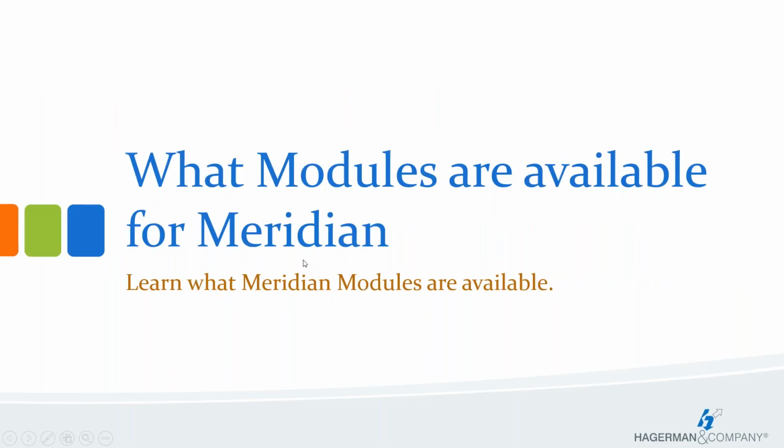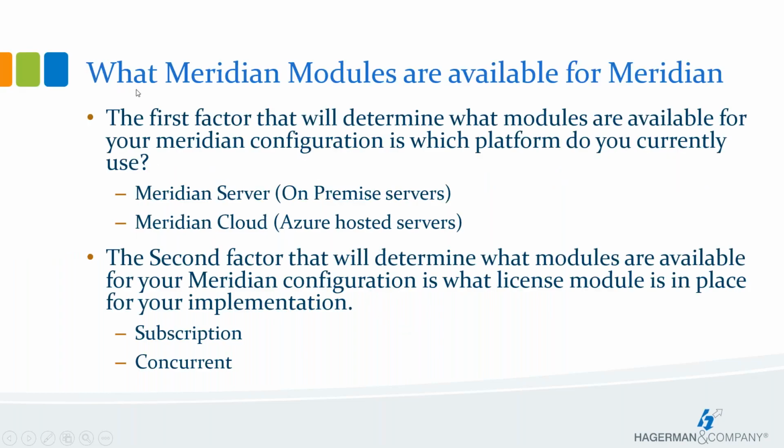Now let's do a brief overview of what modules are available that we're going to talk about today. First, what Meridian modules are available? You have to ask yourself some questions first, because that will determine what's available for you. The first thing in determining what's available is, what configuration platform are you currently using?